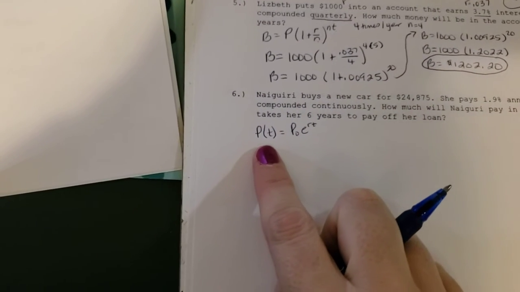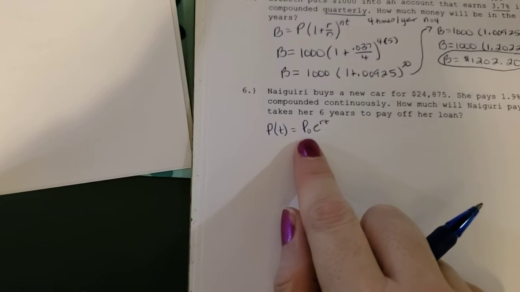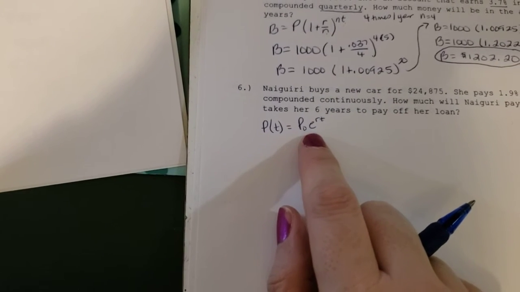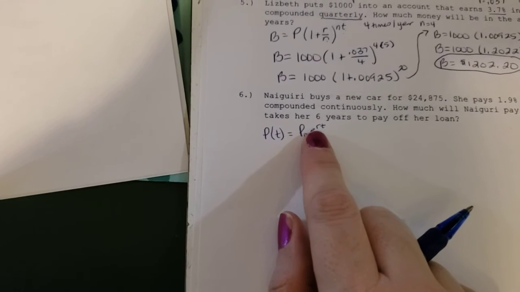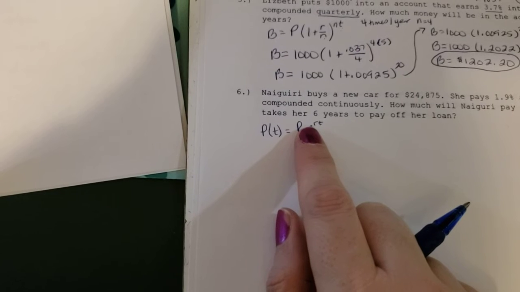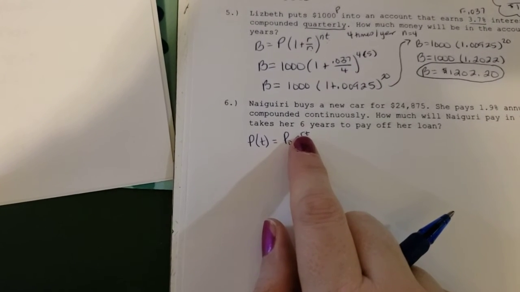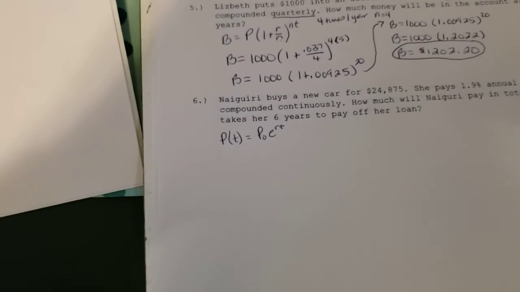So P of t, my principal as a function of time, equals my starting principal times e, which is a constant, to the r times t, r being the annual percentage rate in this problem, and t being the number of time periods that are going to pass.